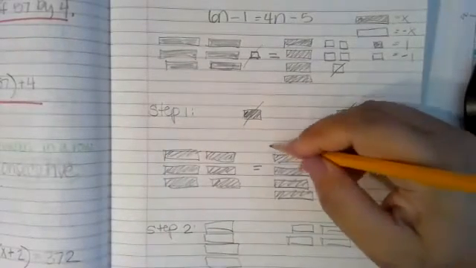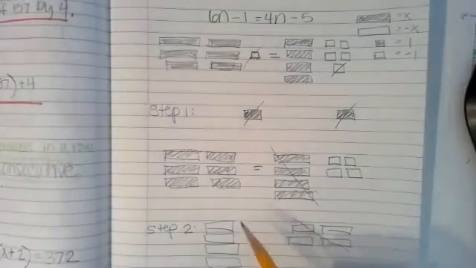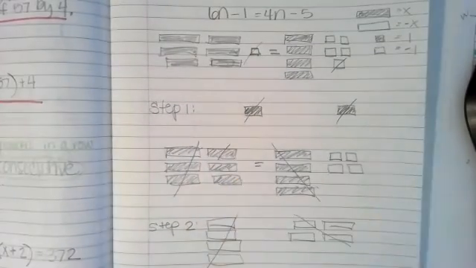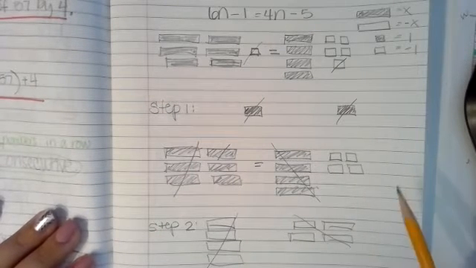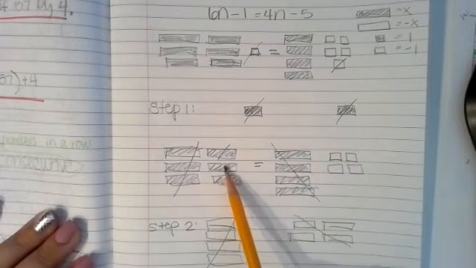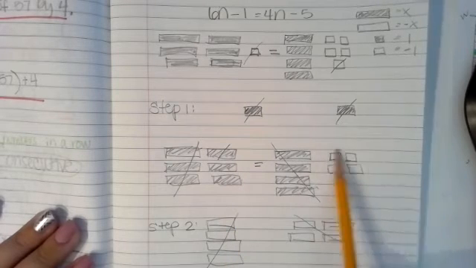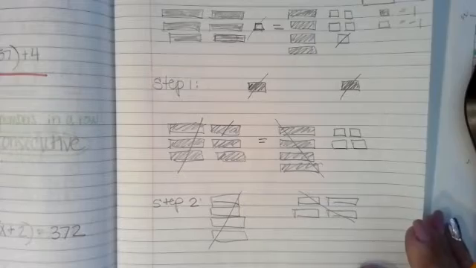When I do that, these 4 negatives and these 4 negatives make a 0 pair. These 4 negatives and these 4 negatives make a 0 pair. So now what I'm left with is 2 x's and 4 negatives. I ran out of room, so I have to draw on the next page.